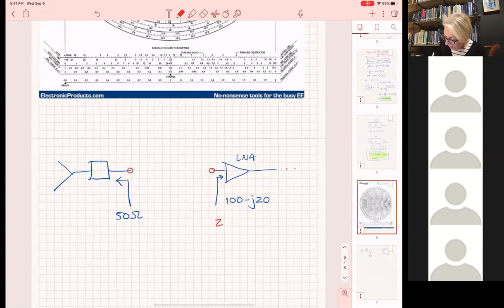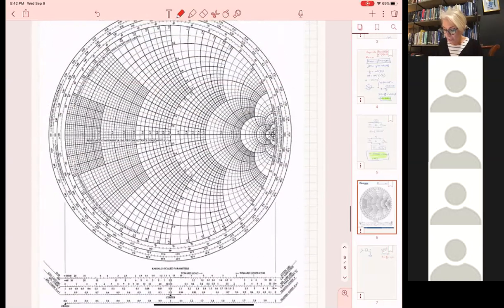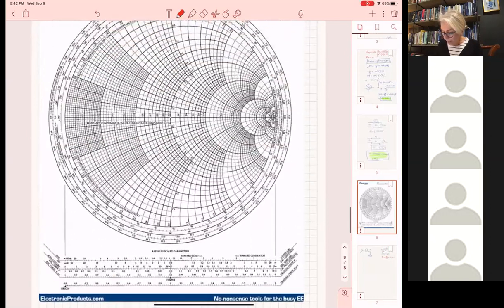So ZL normalized is going to be ZL divided by your reference impedance, 50 ohms. We said we are going to use 50 ohms, which is practically 2 minus J0.4. So now I'm ready to go to the Smith chart. You cannot go to the Smith chart without normalizing. So now I find 2 minus J0.4.